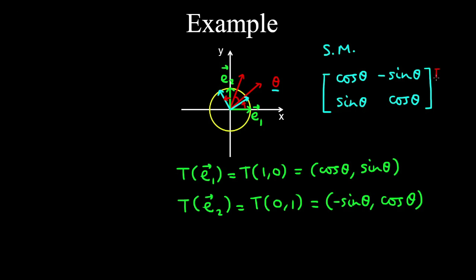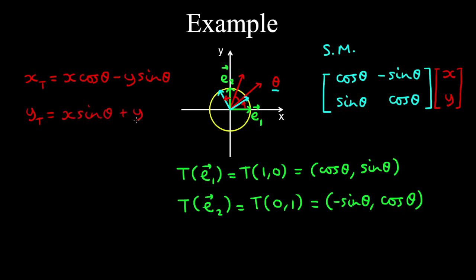Now let's multiply this standard matrix by some vector with x and y components. So we'll take the image of this vector as having components xt and yt. So if we multiply this matrix by this vector, we get x cosine theta minus y sine theta and x sine theta plus y cosine theta.